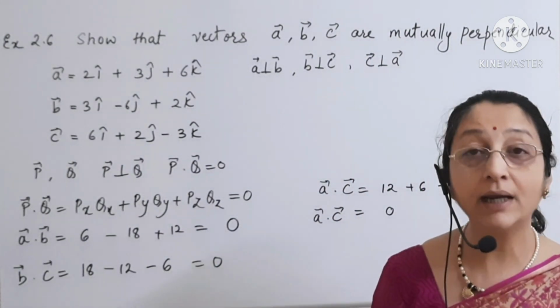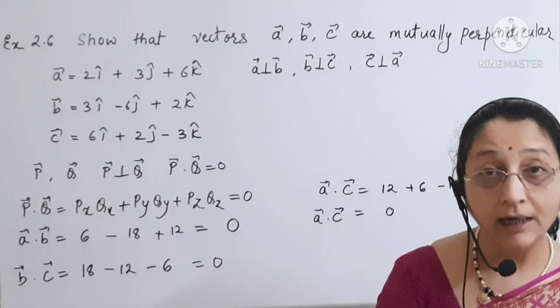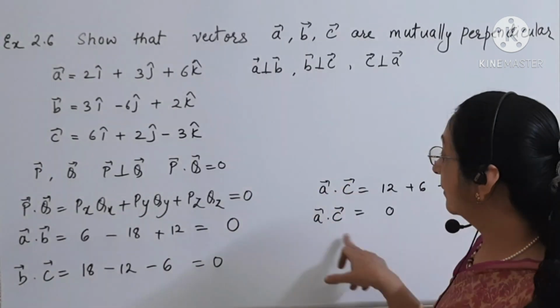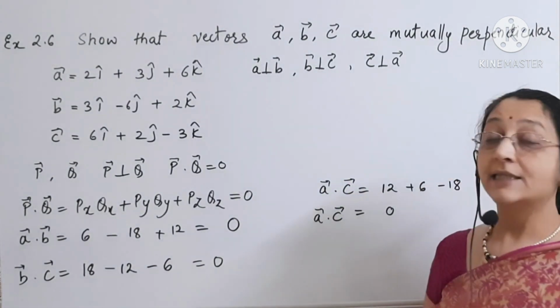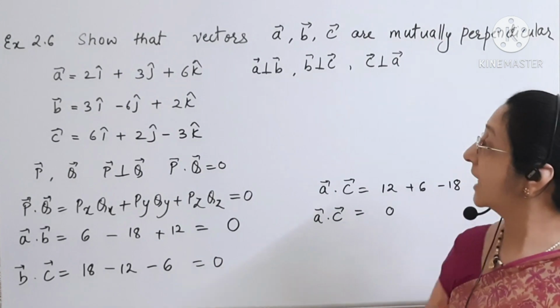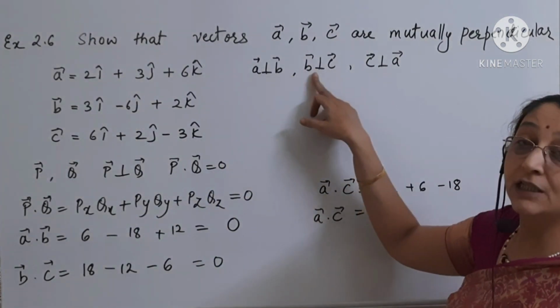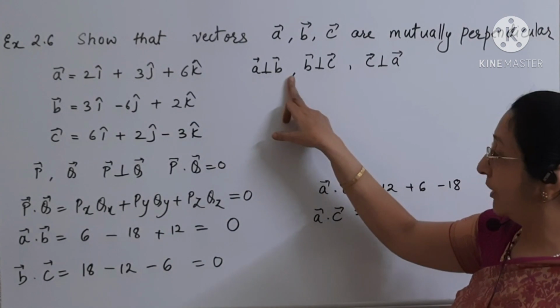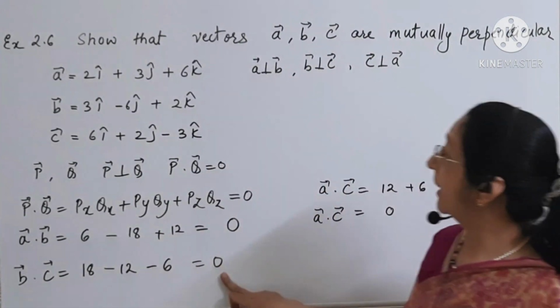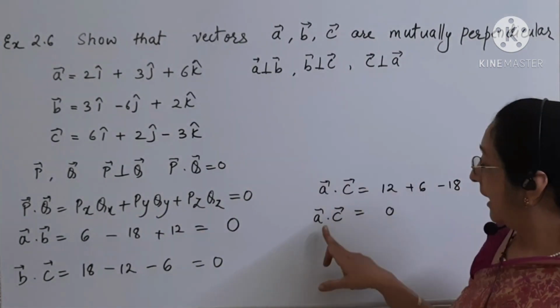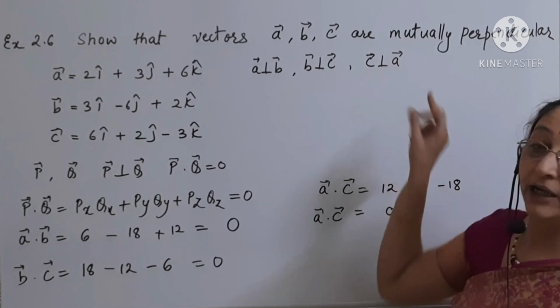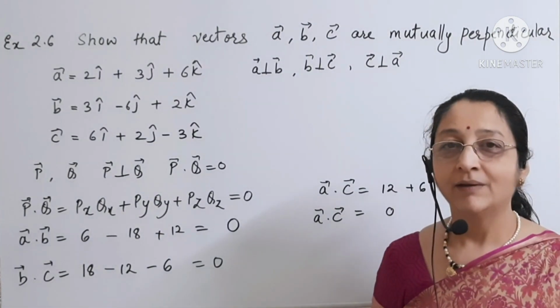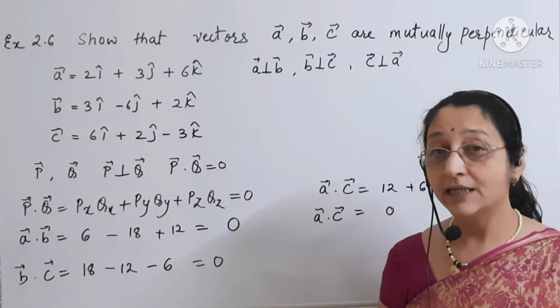A dot B 0 आहे, B dot C 0 आहे, A dot C 0 आहे. म्हणजे ह्याचा अर्थ काय होतो? जर त्यांचे डॉट प्रॉडक्ट हे 0 आहे, म्हणजेच ह्याचा अर्थ A is perpendicular to B, A dot B 0 आहे म्हणजेच काय? A perpendicular to B. B dot C 0 आहे म्हणजे काय? B perpendicular to C. आणि A dot C 0 आहे म्हणजे C perpendicular to A. So we have completed this problem.